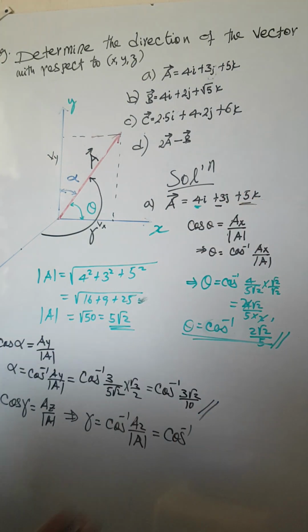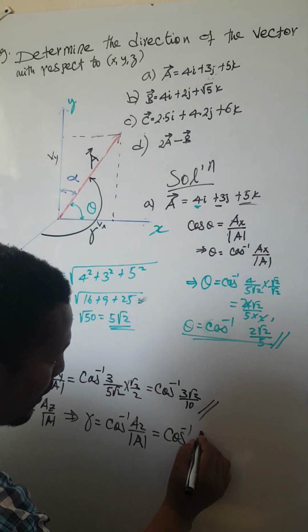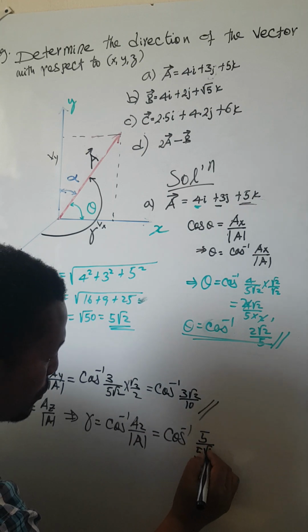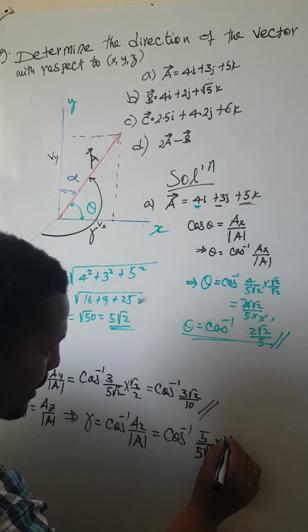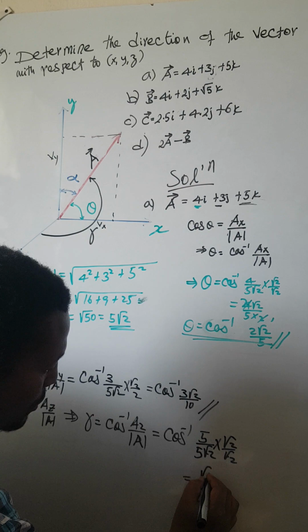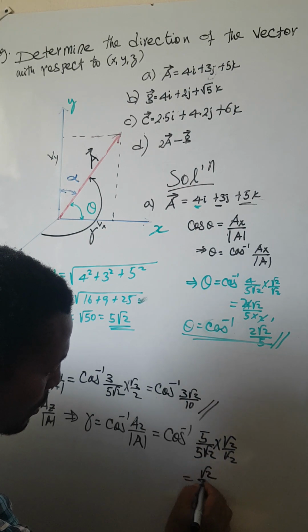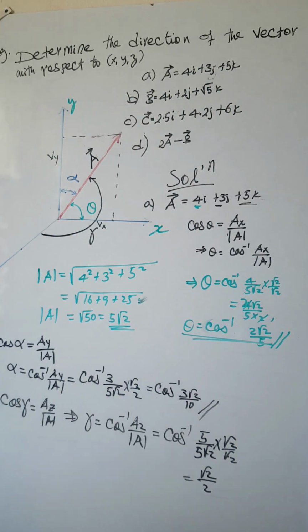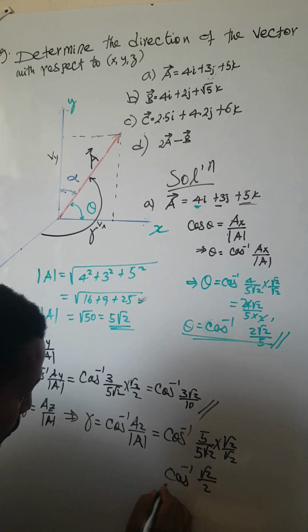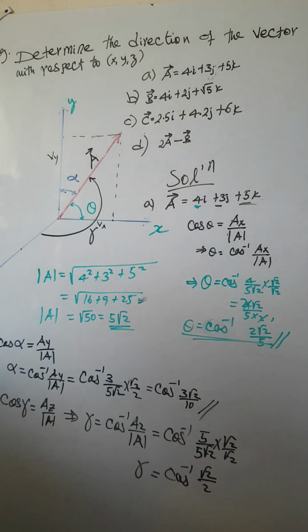Now the magnitude of A along Z is 5 divided by 5 root 2. Now rationalizing by root 2, this is equal to root 2 over 2. So cos inverse of root 2 over 2 is gamma.